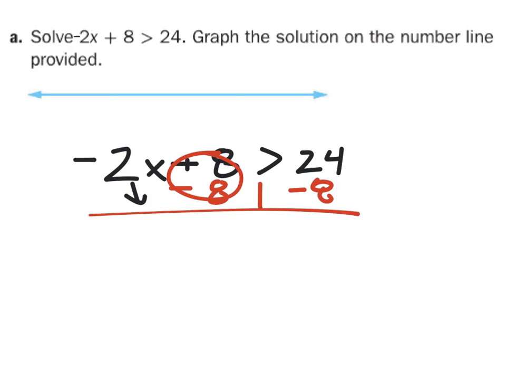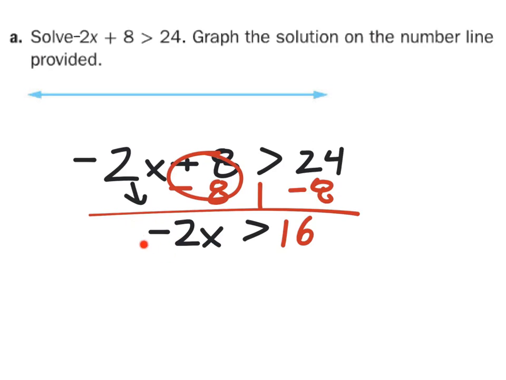Now this negative 2x drops. It's still greater than 24 minus 8 though, which is 16. There we go. Now the exceptional thing on this one, and you guys saw because I made this problem up, is the negative coefficient right here, negative 2 coefficient of x.